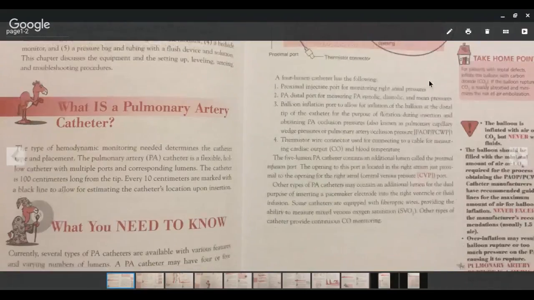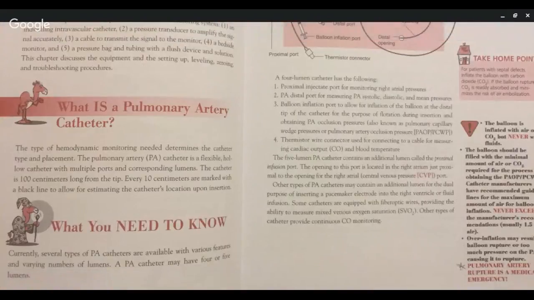Take-home points. For patients with septal defects, inflate the balloon with carbon dioxide. If the balloon ruptures, carbon dioxide is readily absorbed and minimizes the risk of air embolism.